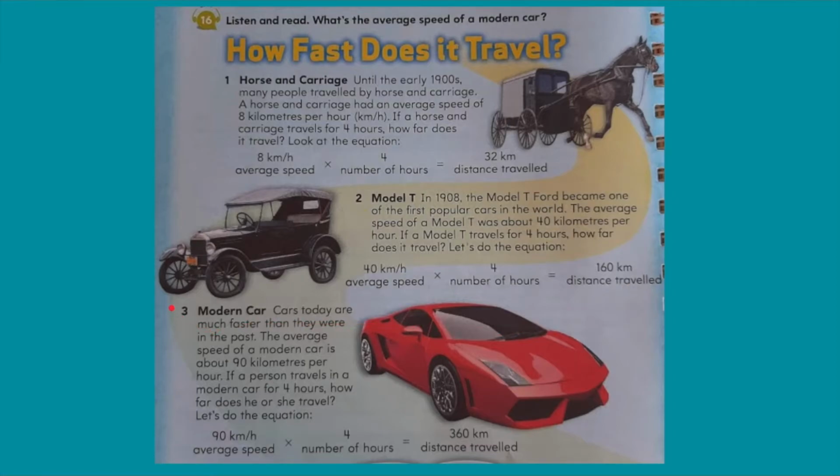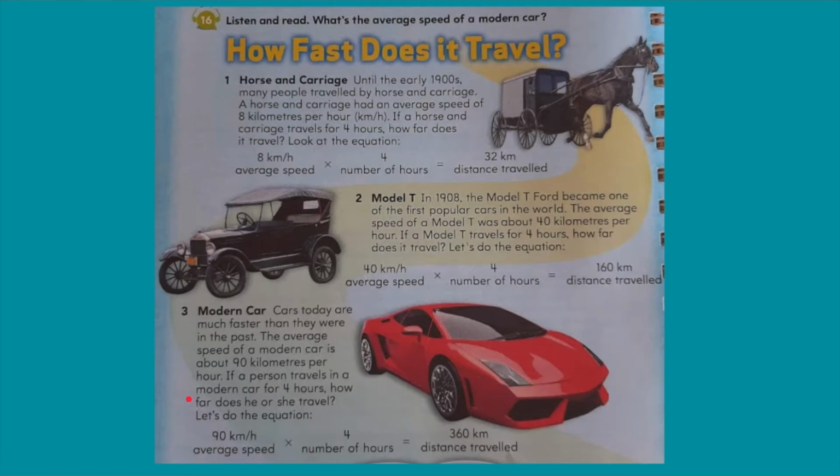And modern car. Cars today are much faster than they were in the past. The average speed of a modern car is about 90 kilometres per hour. If a person travels in a modern car for 4 hours, how far does he or she travel?